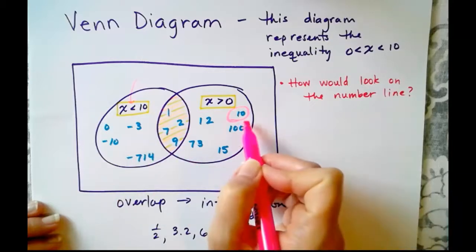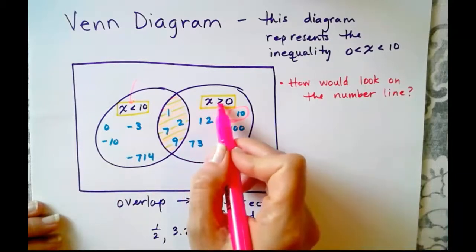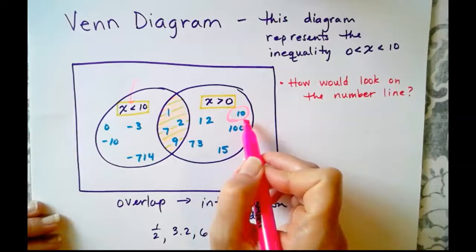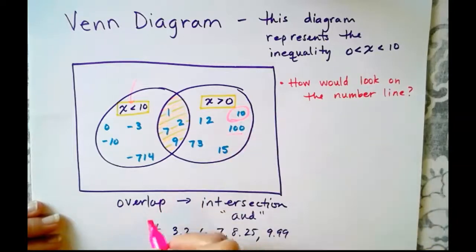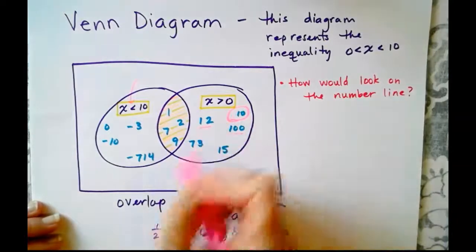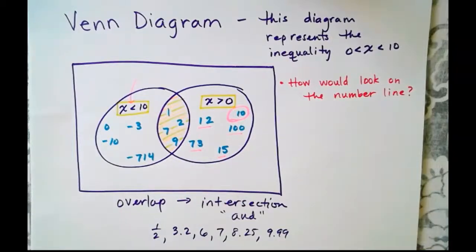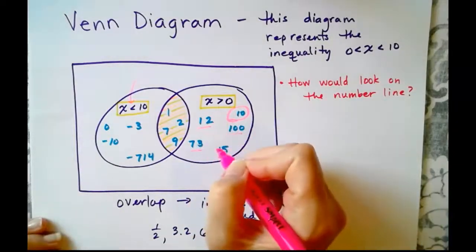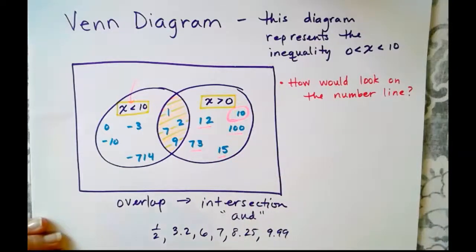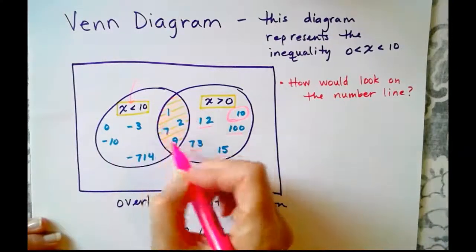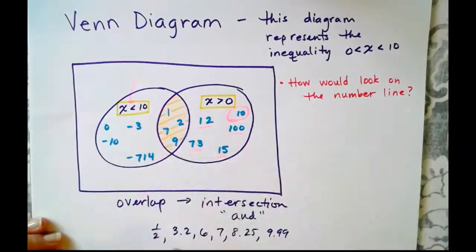But it can go in the set where it says our answers are greater than 0, because 10 is greater than 0. 100 is greater than 0. 12 is greater than 0. 73, 15, 16, 17, 20. All of these numbers are greater than 0, but not less than 10. That's why they are not in the overlap.